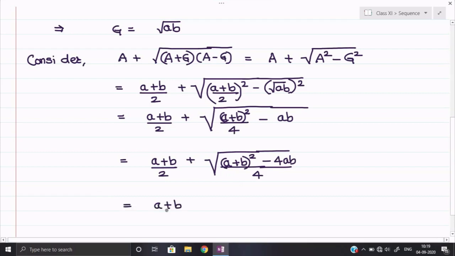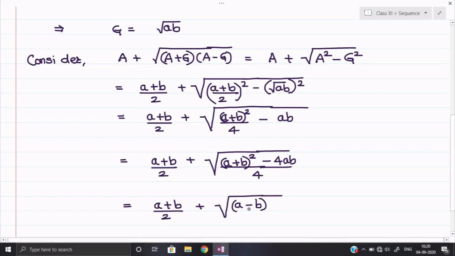So (a plus b) upon 2 plus under root of, this will be a square plus b square, or we can apply the formula directly as we applied in the previous question. (A plus b) whole square minus 4ab is equal to (a minus b) whole square, that you can apply directly. Only the reference can be given in the site.